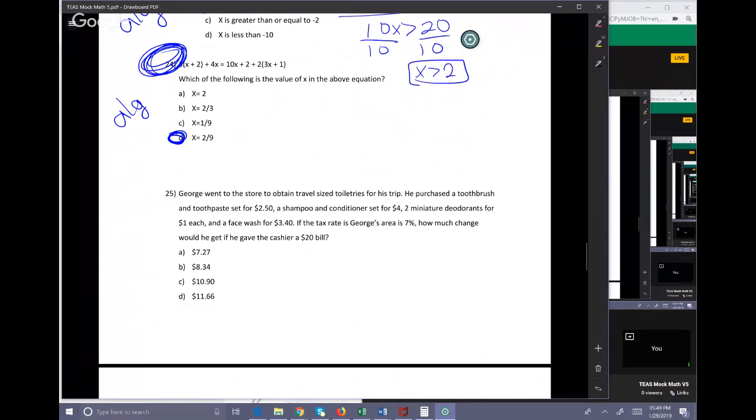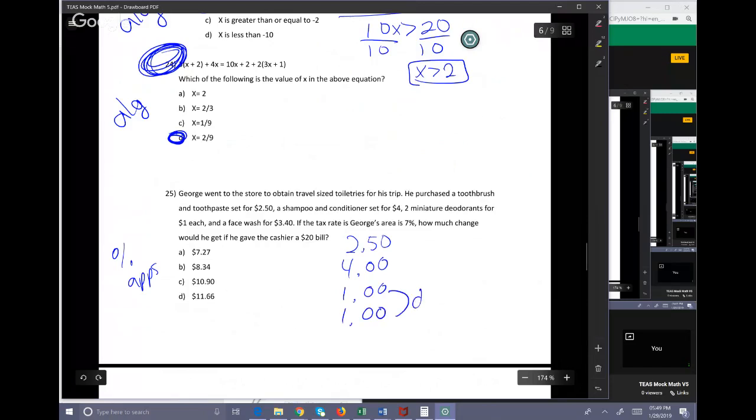25 is a simple organization matter. It would be considered percent apps combined with a regular word problem. The key to this is to list out your quantities, your different things. These are both deodorant, so you might have done that as $2. That's fine. Here's all the things he bought. I add all of those up, and it's $11.90.